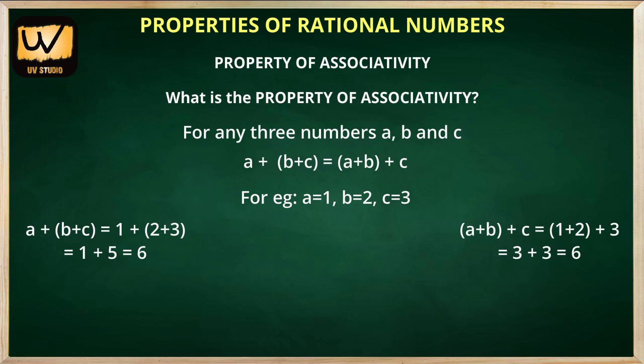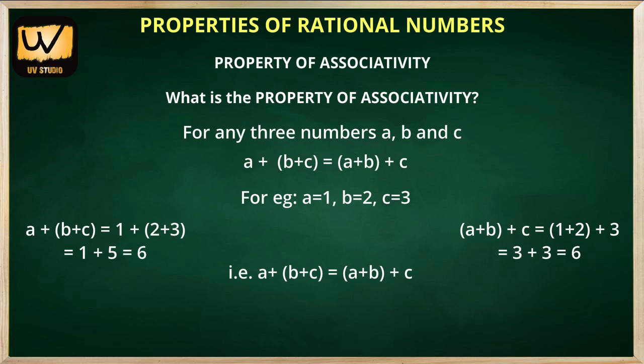So how much is the addition of the bracket? 3 plus 3 as it is, and the final value of RHS is 6. LHS was 6, RHS is 6, that is A plus into brackets B plus C is equal to into brackets A plus B plus C.